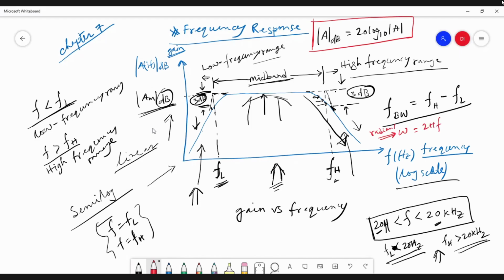So that is the relation between omega and f. There is also another parameter, the complex frequency S, which equals j omega.